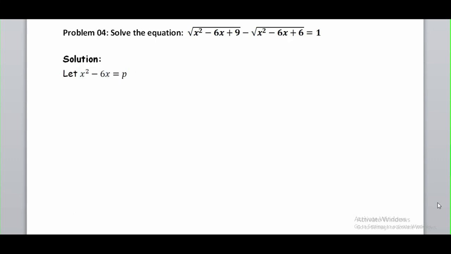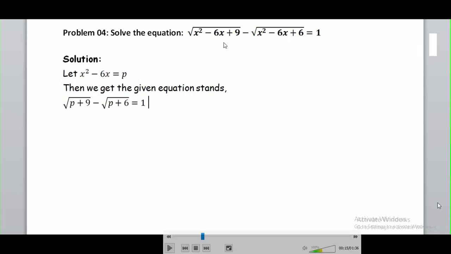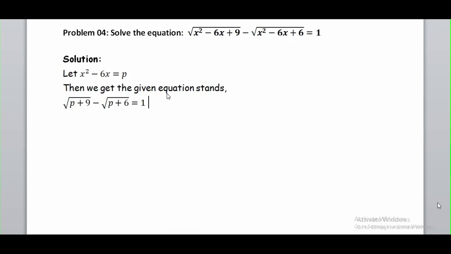x square minus 6x equal to p. Then the given equation stands like root over p plus 9 minus root over p plus 6 equal to 1. Look at this equation. This equation is very similar to the first equation we have solved.